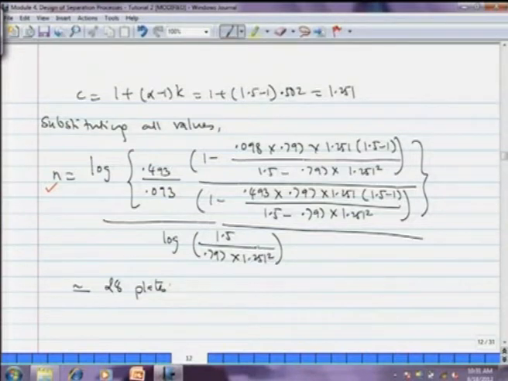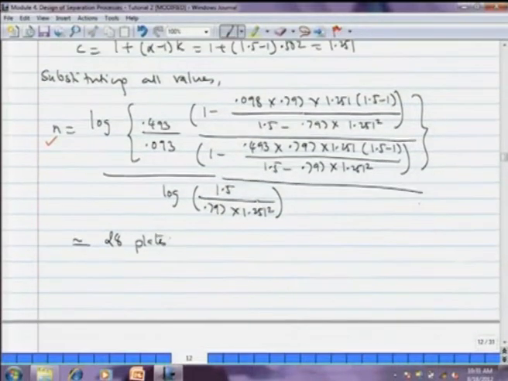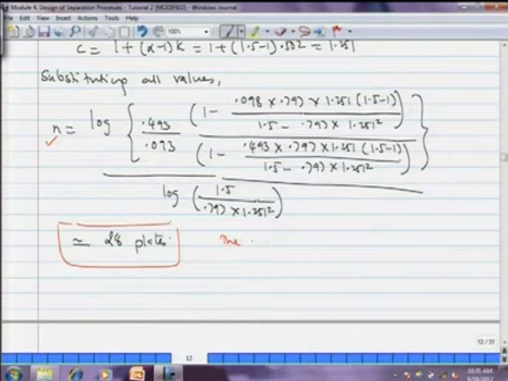So, x0 dash is 0.493 divided by 0.093, and all other values that you see on the screen, and this you can solve on a simple calculator, and the value that you get is 28 plates. So, you have the first answer: the number of plates in the rectification section is 28.